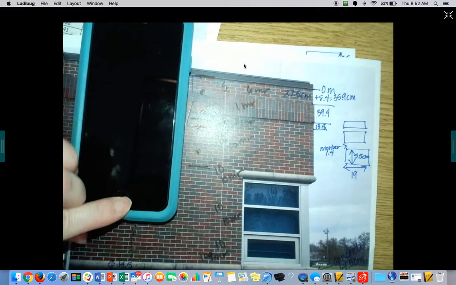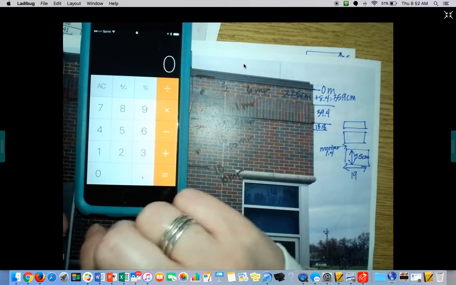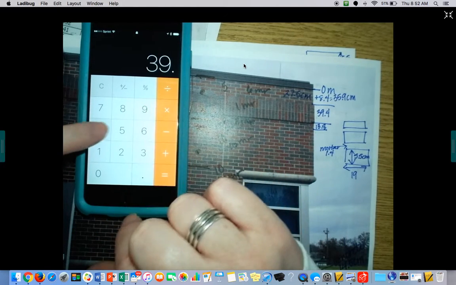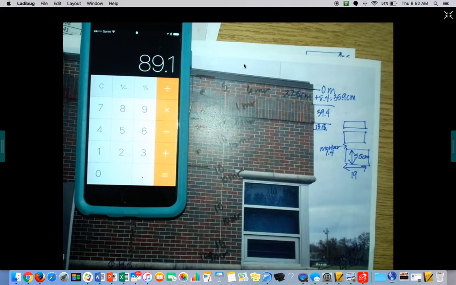So if I had, I'll show you here, don't mind my kids' reading goals, 35.9 plus 39.4 plus 13.8, it gives me 89.1 centimeters.